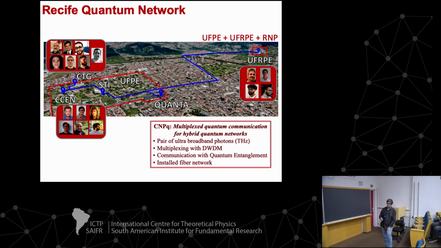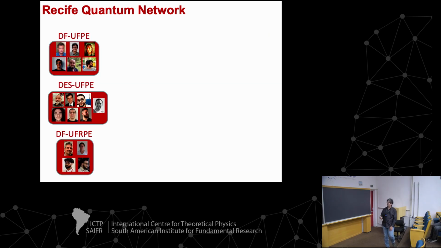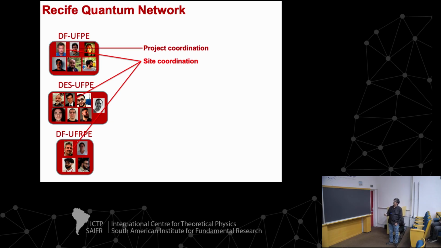And actually, for any quantum network, what you need to do grows really quickly. So when you have this team in different sites of the network, we have different roles.